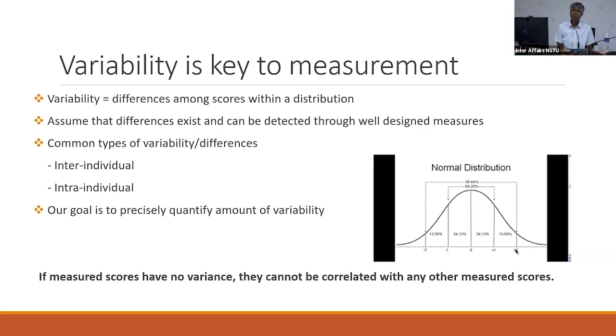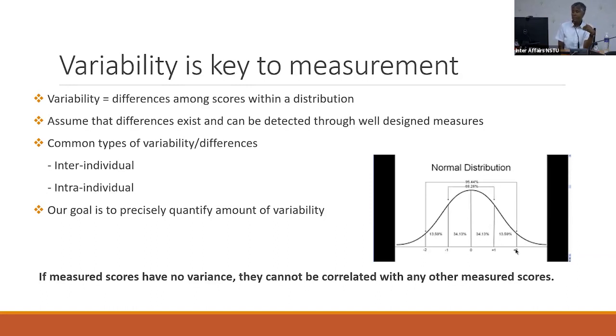But it's also important for us to measure changes within an individual over time or in response to a specific treatment. For example, we may be interested in measuring changes in depression level as a result of a medication or some other behavioral intervention that we're delivering to the person with depression.